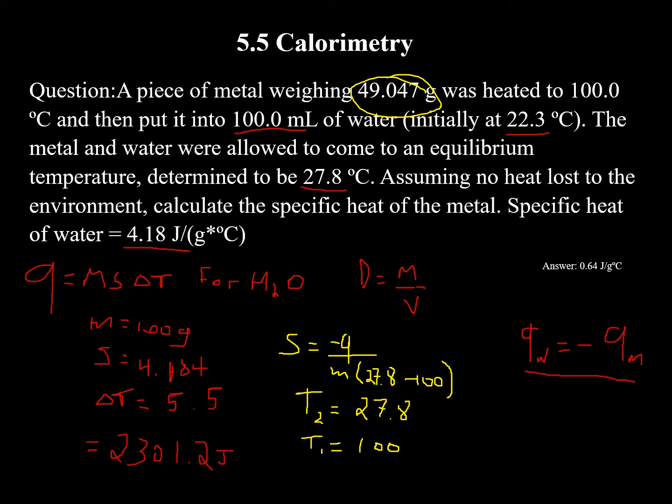When we work this out, our S comes out to be 0.64, and the unit is joule per gram Celsius. Okay, so multiple steps here using Q equals ms delta T on 2 occasions. Once to find out how much is absorbed by the water, and then work backwards to find out the S for the metal. And the S's for metals in general should be less than 1.